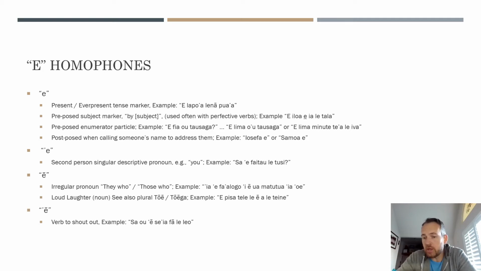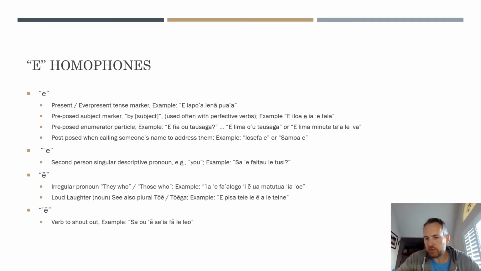A reply to that question would basically use the exact same sentence structure, except instead of saying fia, which is our question place marker for a number, we replace that with a real number. So if you're 5 years old, you would say e lima, lima is 5, e lima o tausaga. Again, e is being used to sort of introduce the number that we're talking about.